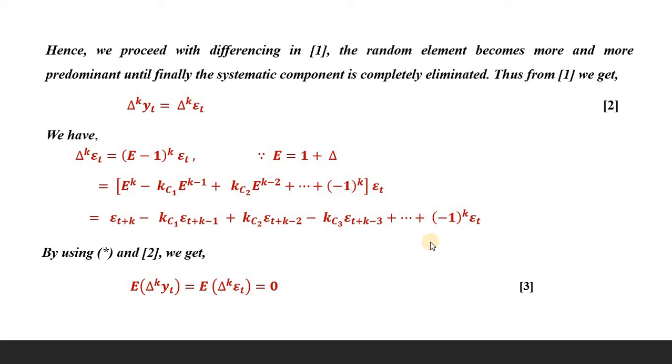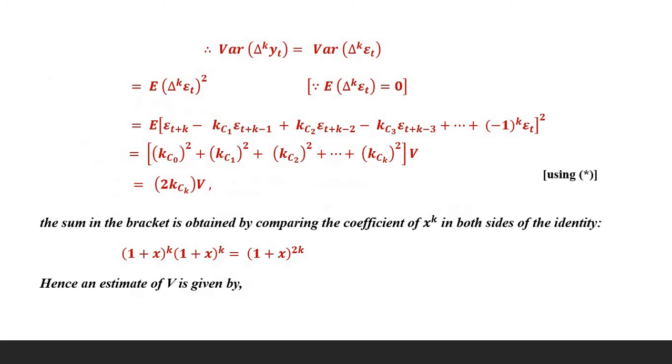And from the conditions of expectation and variance, we have expectation of delta k yt is equal to expectation of delta k epsilon t, which is equal to 0 by the given conditions. From this, we have variance of delta k yt is equal to variance of delta k epsilon t, which is equal to expectation of delta k epsilon t whole square, because expectation of delta k epsilon t equal to 0.